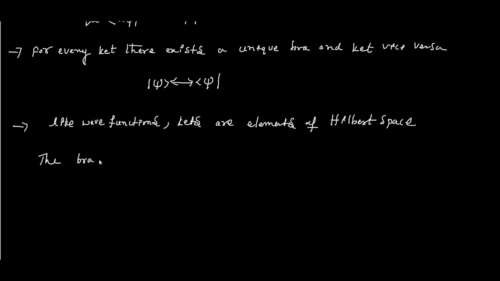The bra vectors belong to a Hilbert space, denoted by H complex, which is said to be the dual space of the Hilbert space of the ket vector.